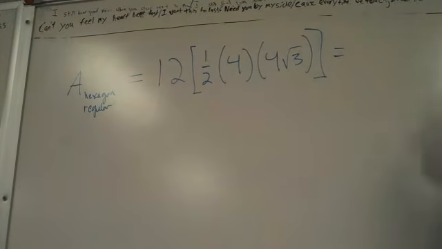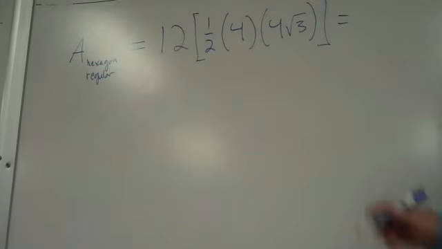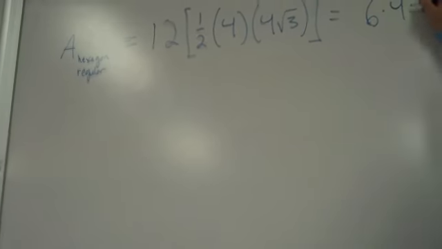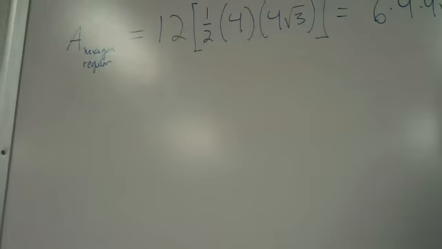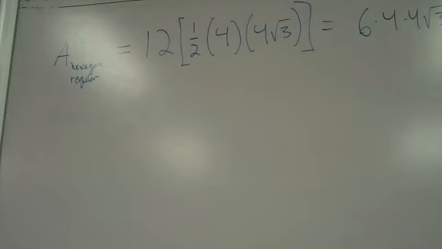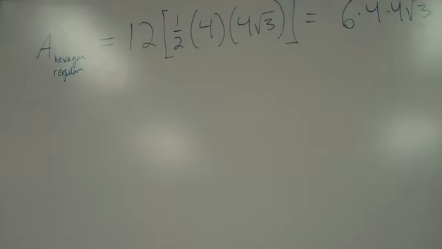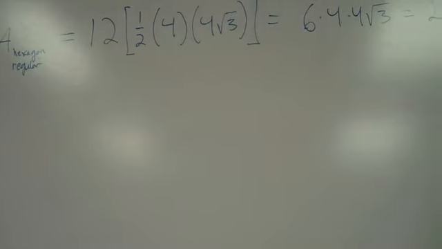So what's 12 times one half? 6. So this is 6 times 4 times 4 root 3. What's 6 times 4? 24. So 24 times 4 root 3.